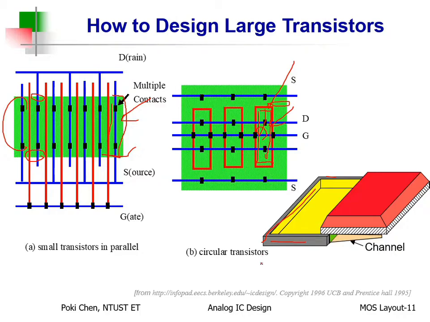So the parasitic inside the donut actually is the minimum, and this is the legend. With such minimum parasitic capacitance, those transistors can operate at the highest frequency.